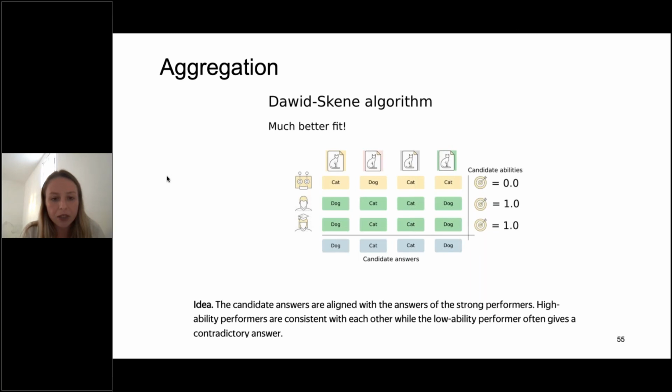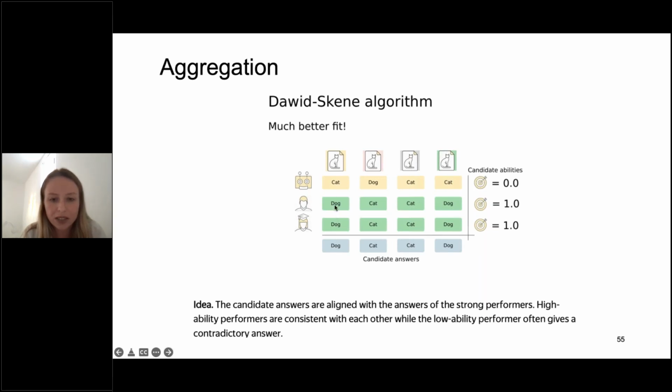And we're not going to discuss here the details of how the algorithm works, but the idea behind this is the fact that the data should speak for itself. So the data that fits best should be considered the correct one.